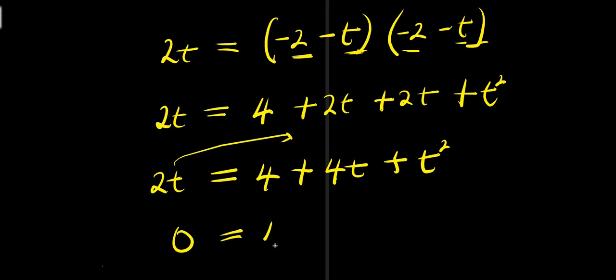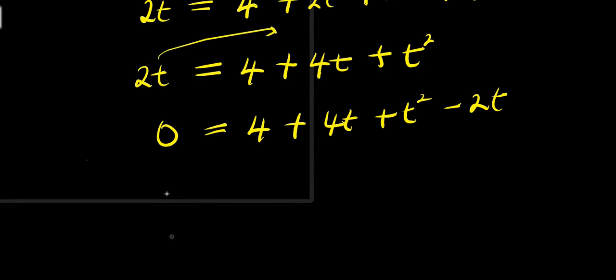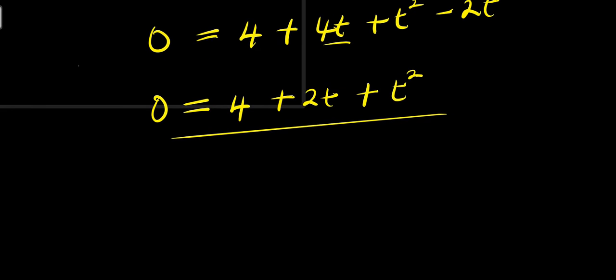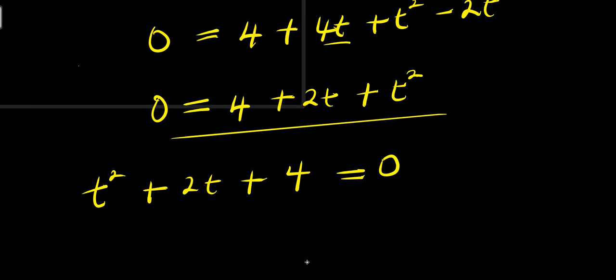We have 0 equals 4 plus 4t plus t squared minus 2t. So from there we have 0 equals 4 plus 2t. This is 4t minus 2t plus t squared. So let's rearrange this. You have t squared plus 2t plus 4 equals 0.